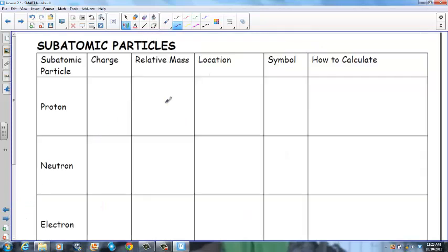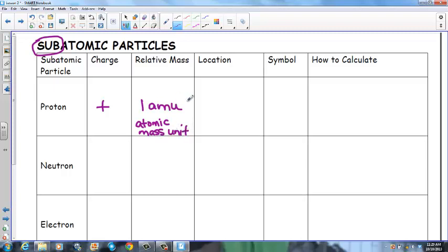Next, so the subatomic particles. Sub meaning within, okay? And we talked about that prefix before. Subatomic can mean below, but this is going to mean within the atom. All right, so what particles can be found inside each atom? First one being a proton, which is a positive charge. The relative mass is about 1 AMU, which stands for atomic mass unit.